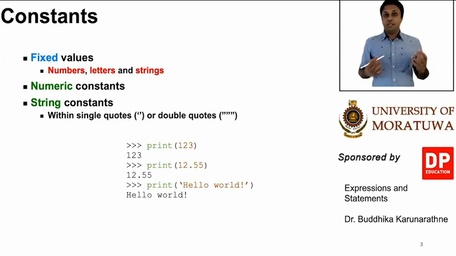String constants are usually enclosed within single quotes or double quotes. What happens when we pass a constant to the print function? It basically prints the value of that constant to the console. For example, when we say print 1, 2, 3, Python prints 1, 2, 3 onto the console.